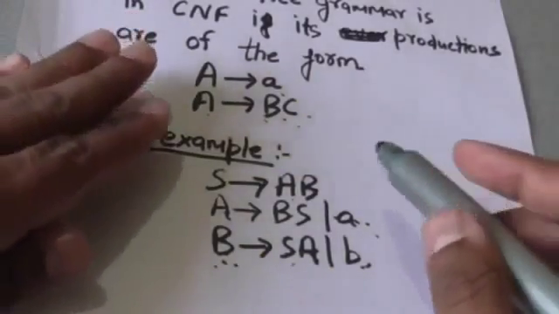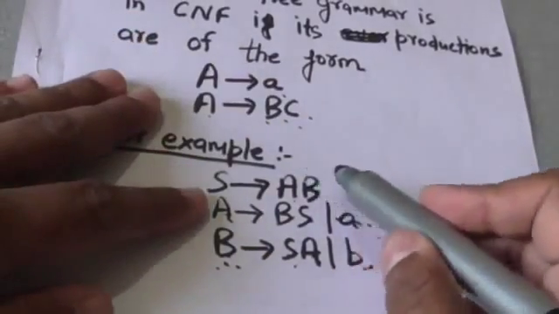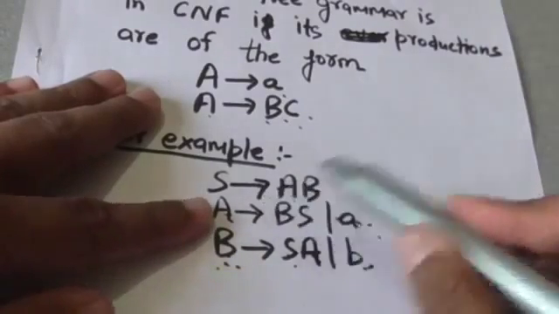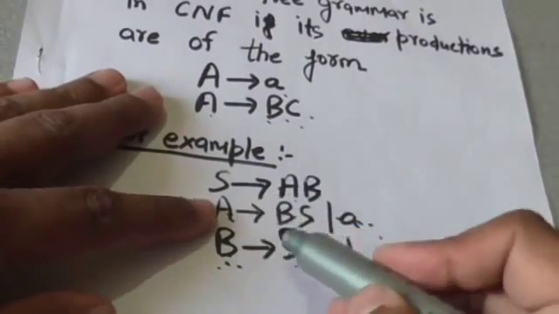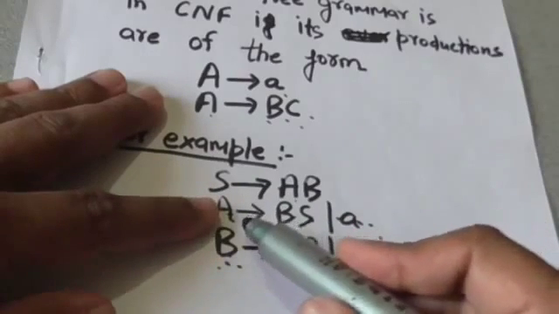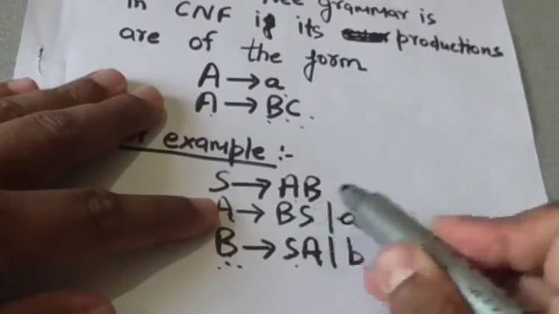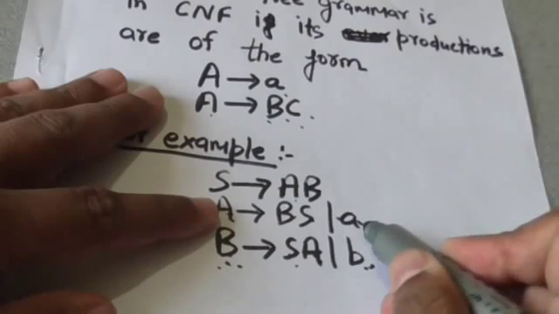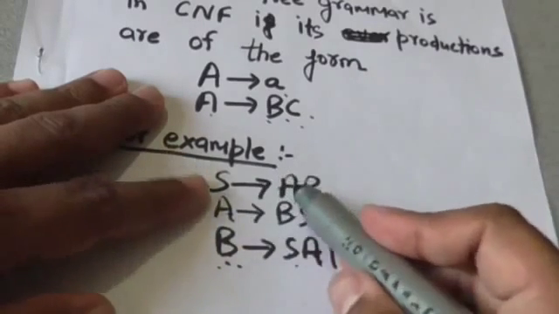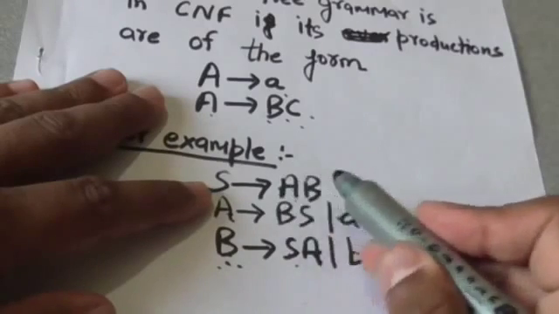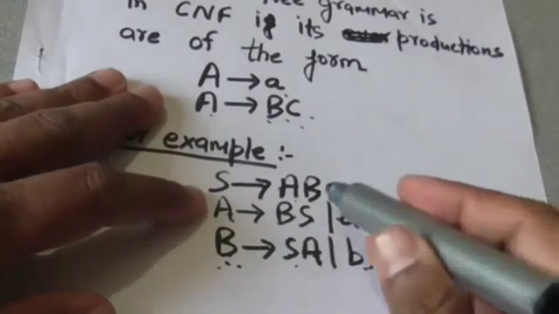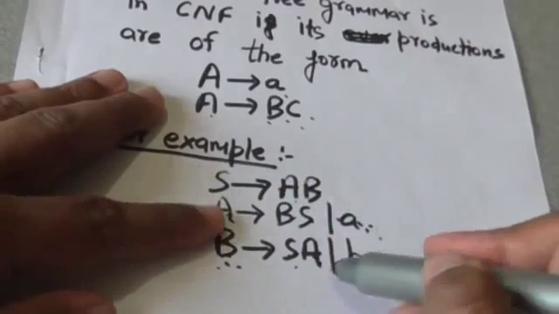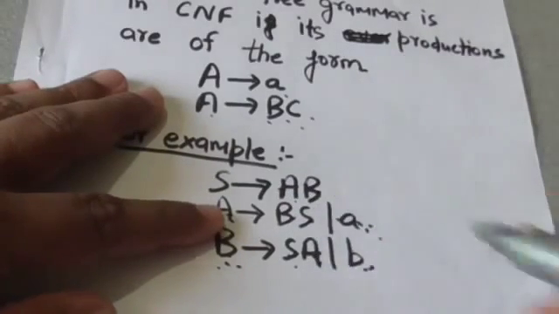Now see, in all these productions, the productions have either a single terminal in their right hand side or only two variables in their right hand side, right? So it means the grammar whose productions are these is in Chomsky normal form.